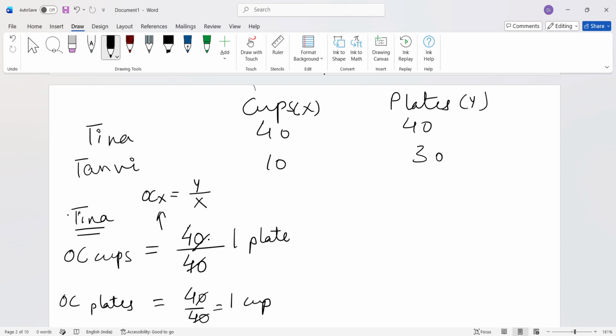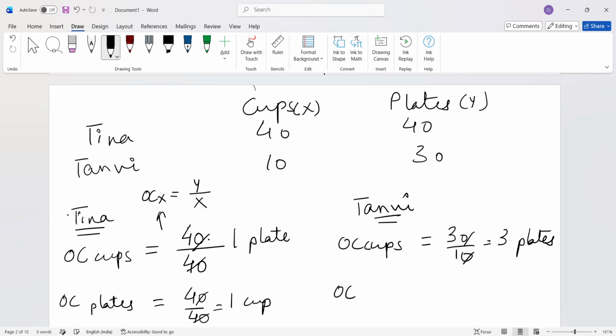Now let's take a look at Tanvi. For Tanvi, the opportunity cost for cups would be Y by X. So given 30 by 10, that would be 3 plates.